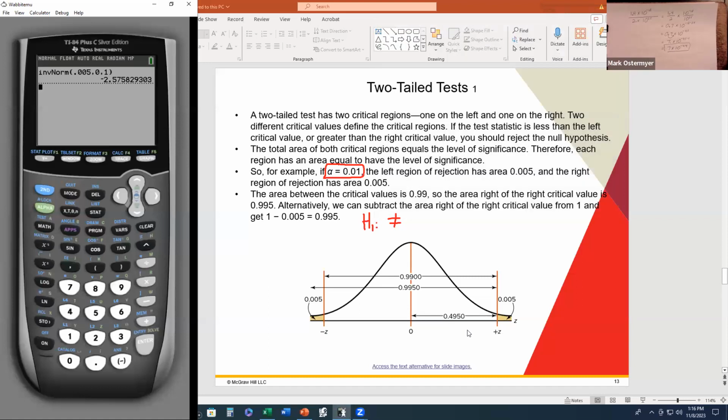So any test statistic that falls between negative 2.58 and positive 2.58 would suggest that we would not reject our null hypothesis. We would accept our null hypothesis. If, on the other hand, we get a test statistic that is greater than 2.58 or less than negative 2.58, then that would be a reason or evidence to suggest that we would want to reject our null hypothesis and opt for the alternative hypothesis as being the truthful statement.